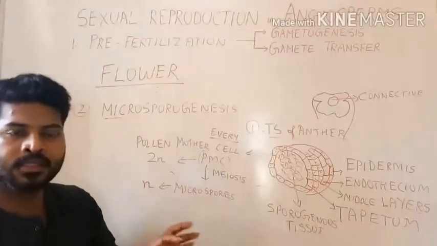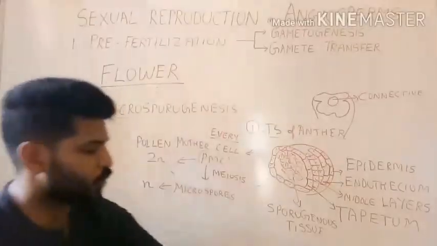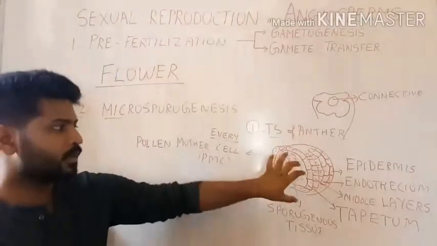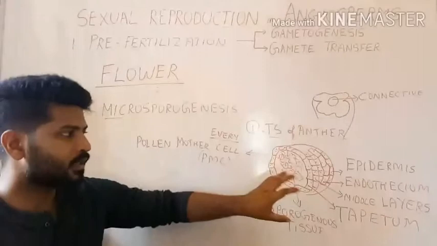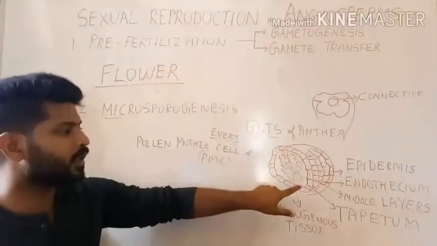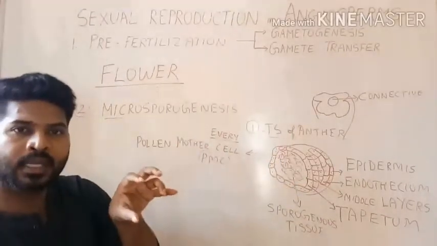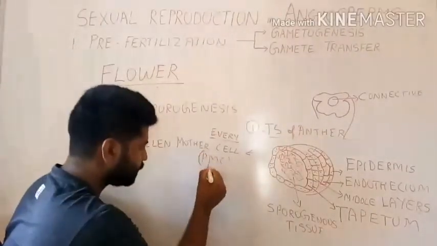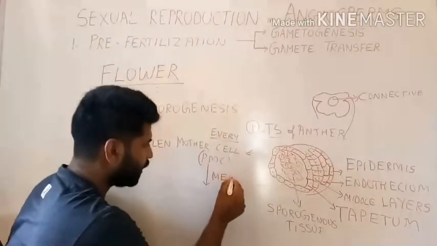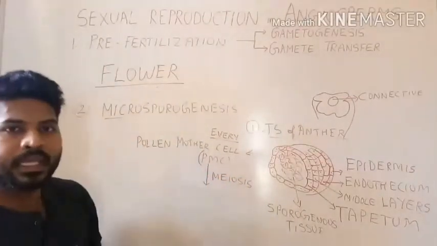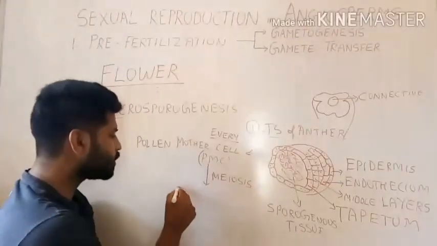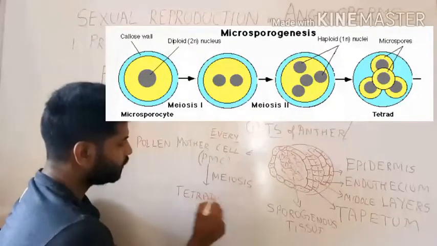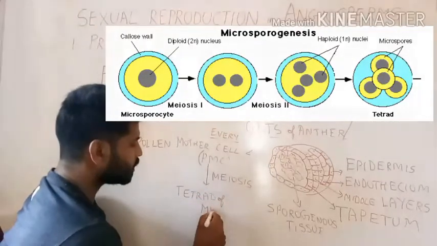Let us discuss a little more about this microsporogenesis. All the pollen mother cells will obtain nutrition from the tapetum and will considerably increase in size. Later, the pollen mother cell, as you already know, will undergo meiosis. Each pollen mother cell will produce what is called a tetrad of microspores.